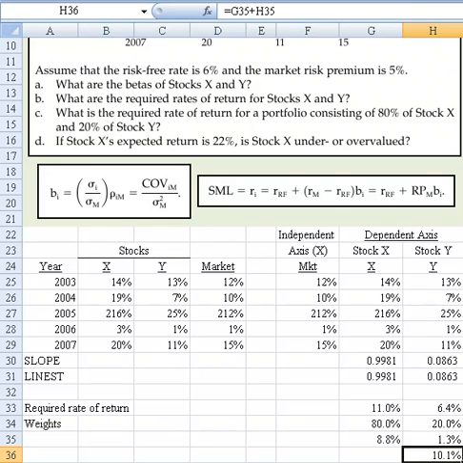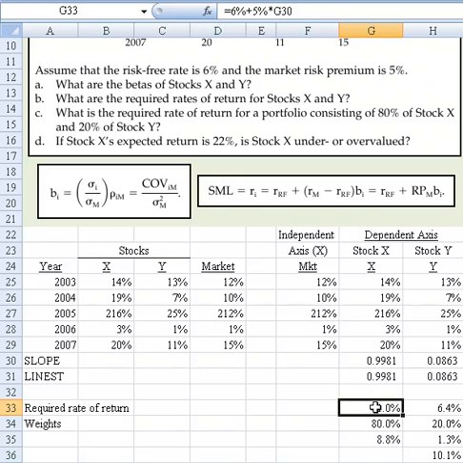Okay, then part D says if stock X's expected rate of return is 20%, is stock X under or overvalued? Well, we've already calculated the required rate of return according to the security market line, and that is 11%.